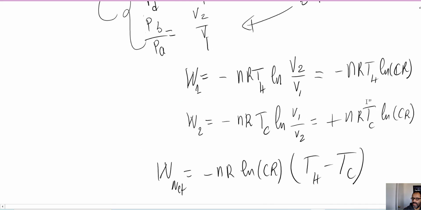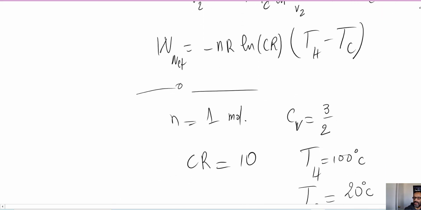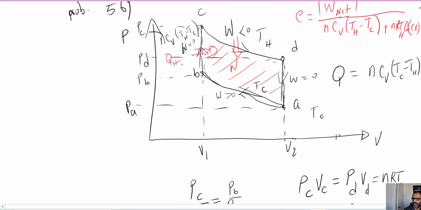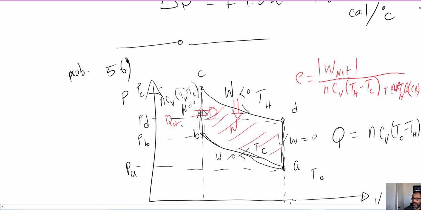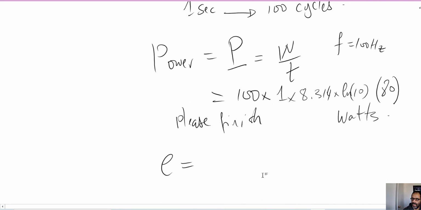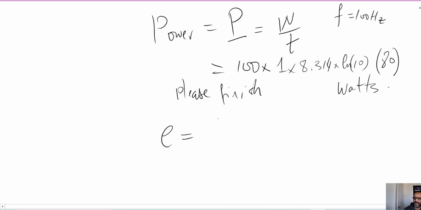CV is 3/2 of an R. Don't forget the R in here. That's what CV is for a monoatomic gas. And then you have nR times TH, which now you have to convert. TH is in Kelvin, don't put 100 in here, it's 373, times ln of 10, and you're done. You should find how efficient it is. It's an interesting question also, so if you have something like this on an exam, compare it to the other one. You're going to find a number in here.